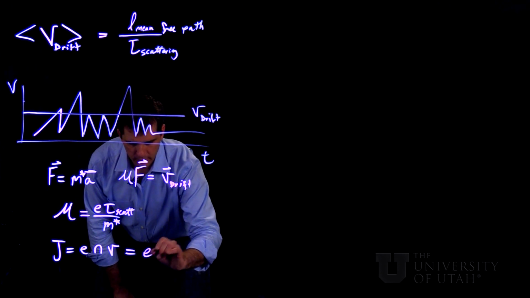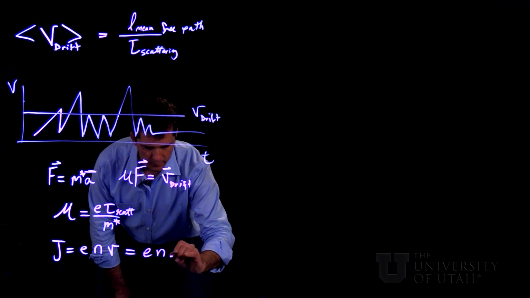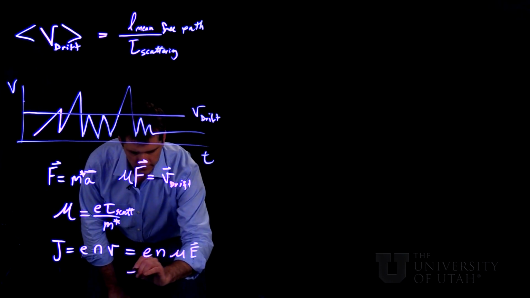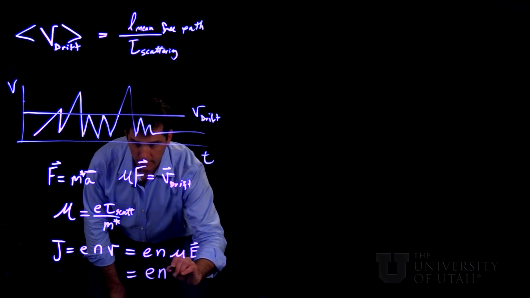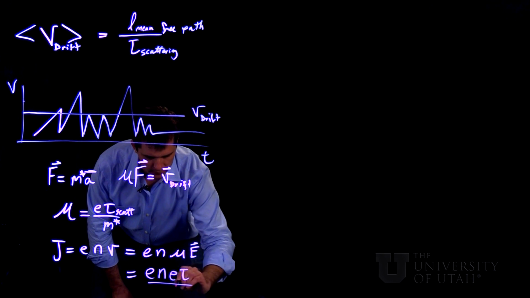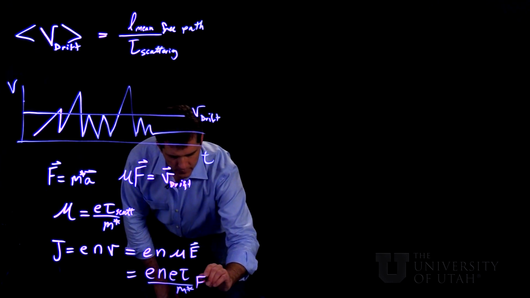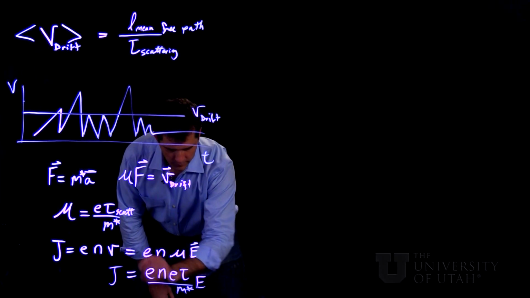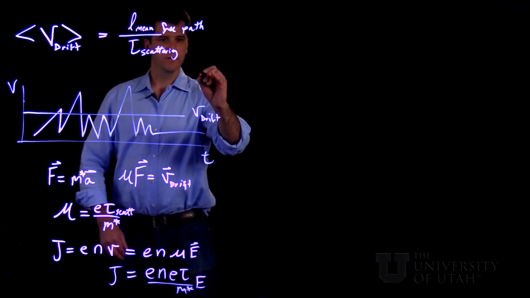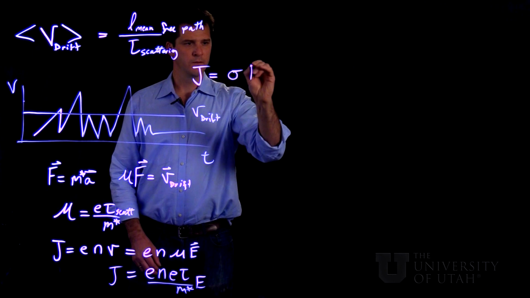So we have e, n, and then mu times E, and the last expression is e n e tau over m star times E. So we can collect terms here, and the final expression is that J equals sigma times E.